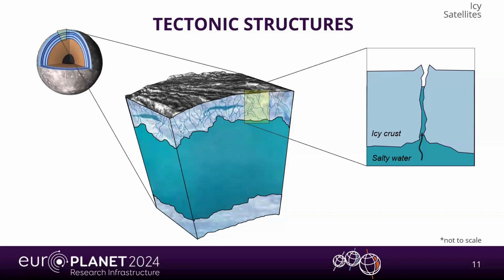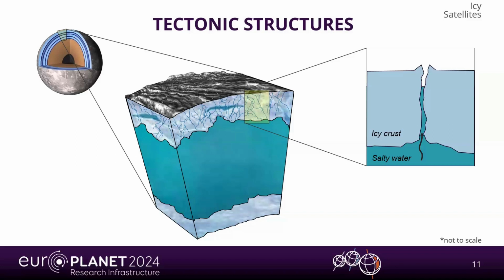So this means that the ocean is not fully trapped by the icy crust, but in some locations it can be connected by ways to the surface. And obviously, this on the right is a simple example. Instead, we would assume a fracture network that pervades the crust to possibly its bottom.